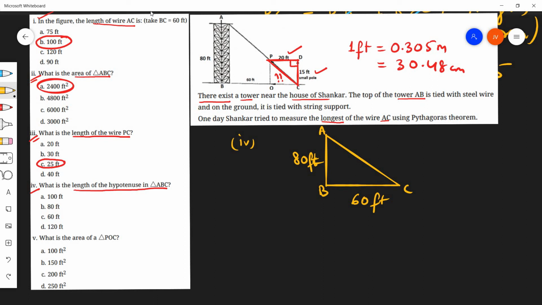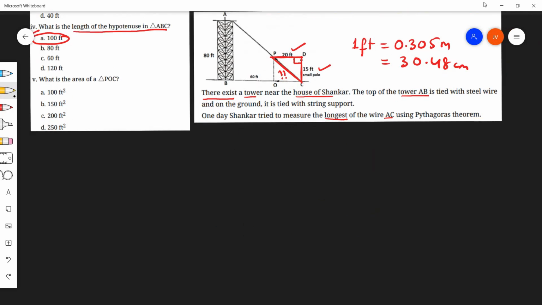In that case, 60, 80 and 100 are a Pythagorean triplet. So we can apply Pythagoras theorem to triangle ABC and find AC, or we can directly take AC as 100 feet, since 60, 80, 100 are a Pythagorean triplet. So the length of hypotenuse in triangle ABC is 100 feet, which is option A.